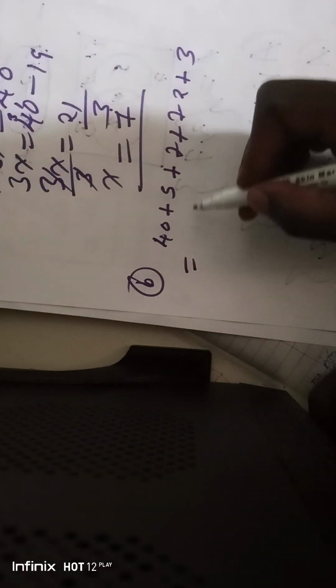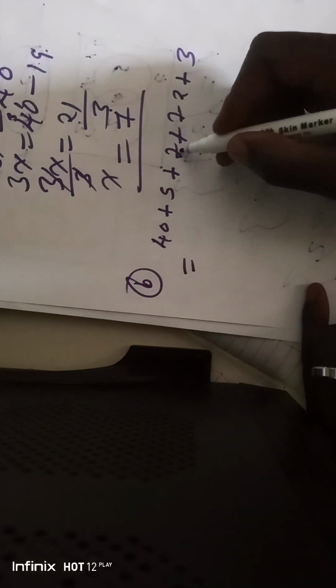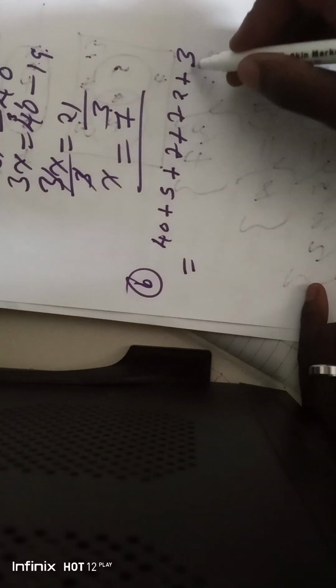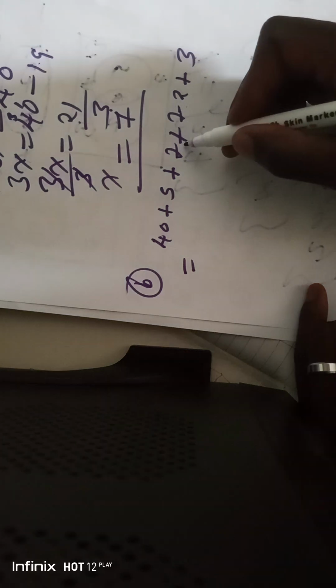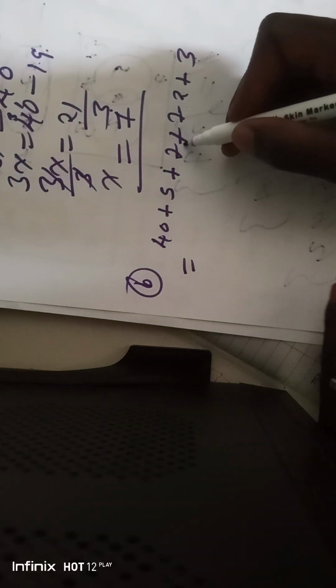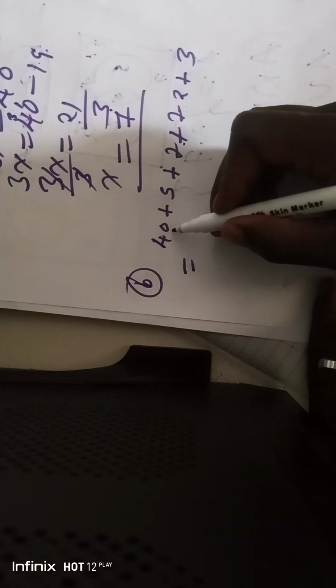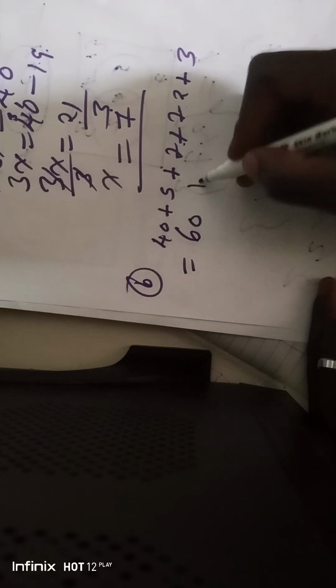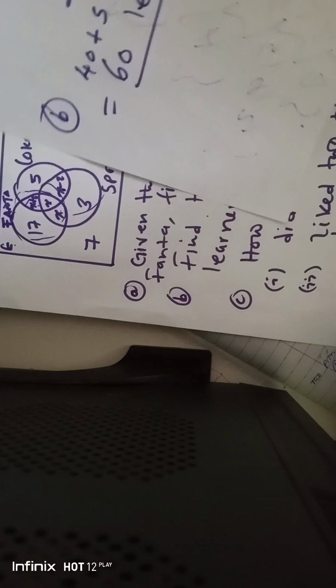So let's add. This is 45 and 7, 7 is 14. And then negative 2 plus 3 is just 1. So 1 plus 14 gives you 15, and 15 plus 5 gives you 20. 20 plus 40 gives us 60. So there are just 60 learners. Sometimes I can make mistakes when adding these numbers, but the formula is correct.